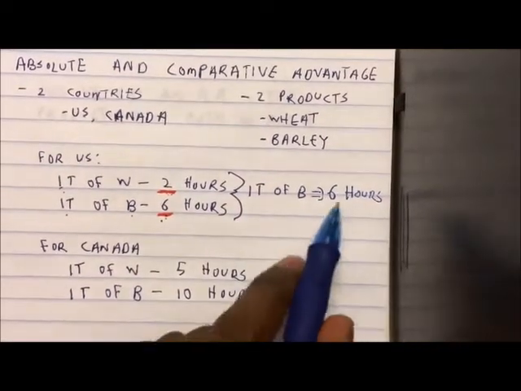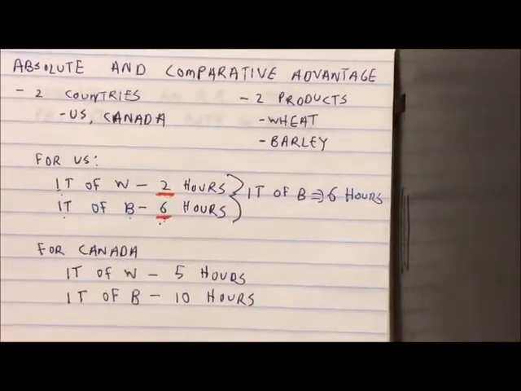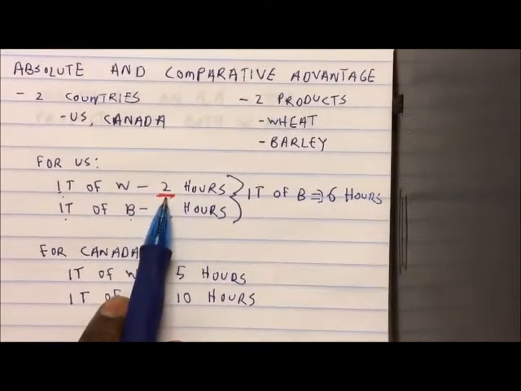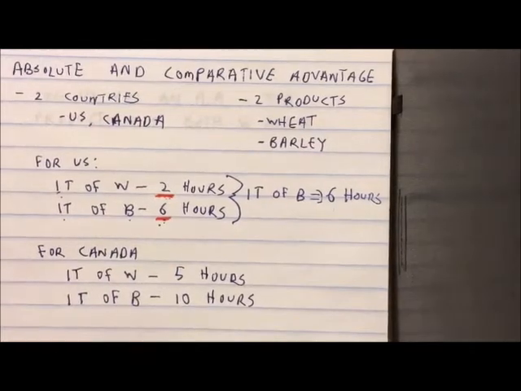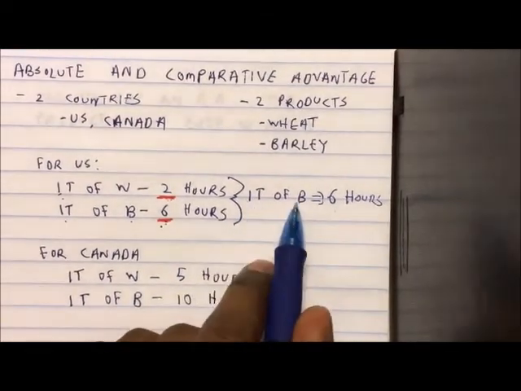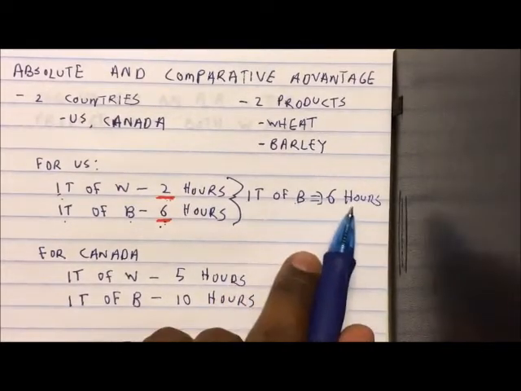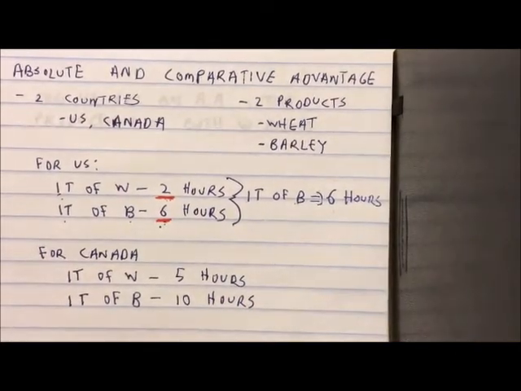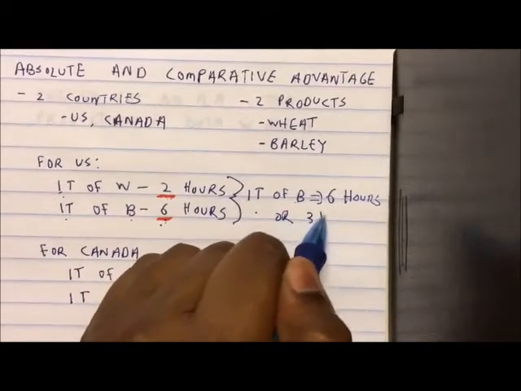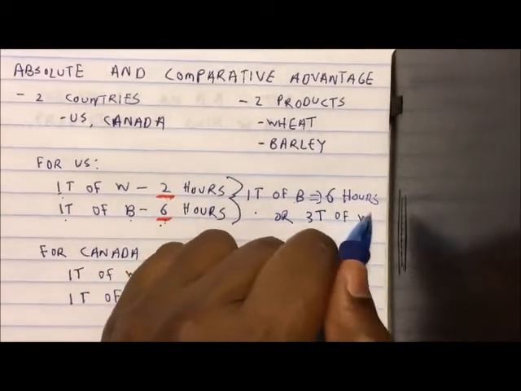Now, with that 6 hours, how many tons of wheat can I produce? Well, for the US, if each ton of wheat requires 2 hours, then in 6 hours I can produce 3 tons of wheat. So instead of producing 1 ton of barley, I could produce 3 tons of wheat in the US.